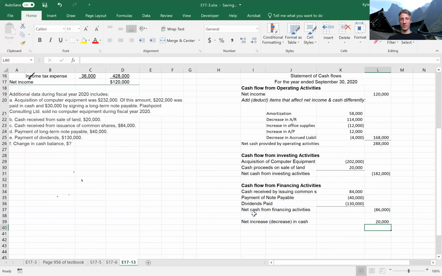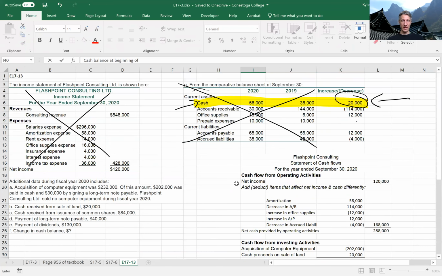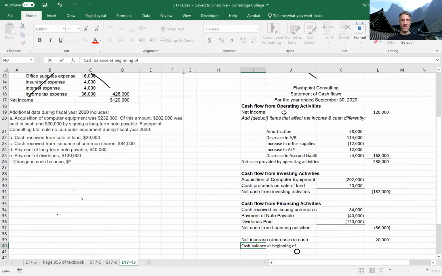And then just to conclude, I'm going to have a section here that's cash balance at beginning of period. And this is at September 20th, or September 30th, sorry. So the beginning of period, and then cash balance at September 30th, 2020.